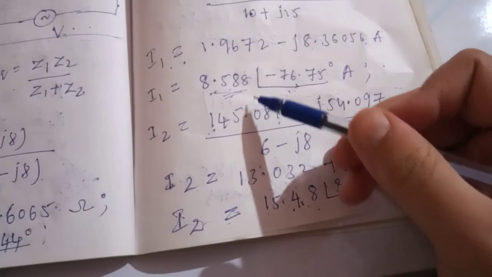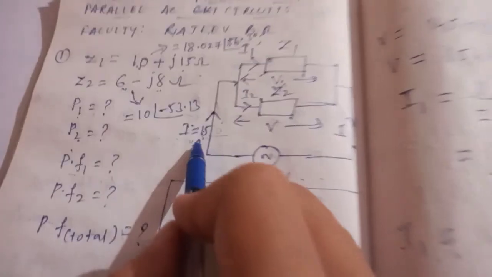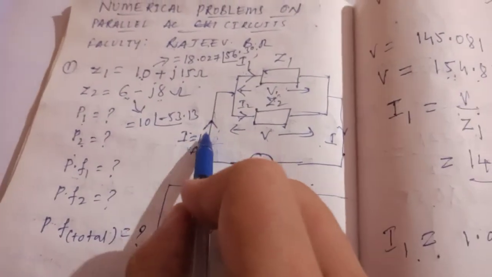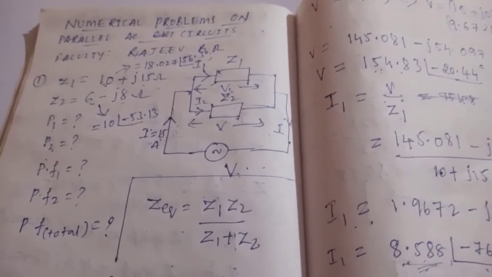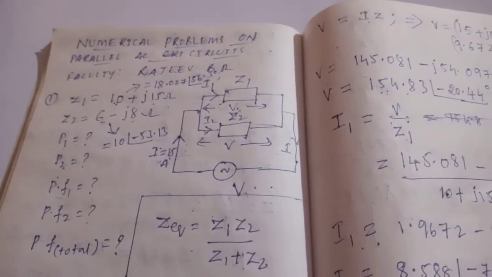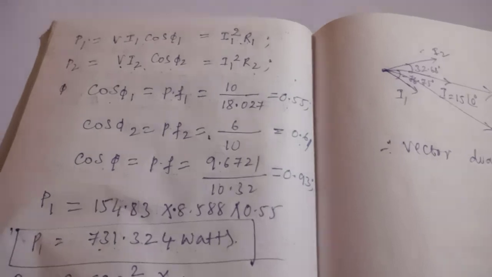So 15 plus 8 is 23, around 24 amps total current, but the current is 15. No matching at all. Kirchhoff's current law is violating here. You may ask this question, but here in parallel circuits I am doing the vectorial addition, not the arithmetic addition. Please keep it in mind.